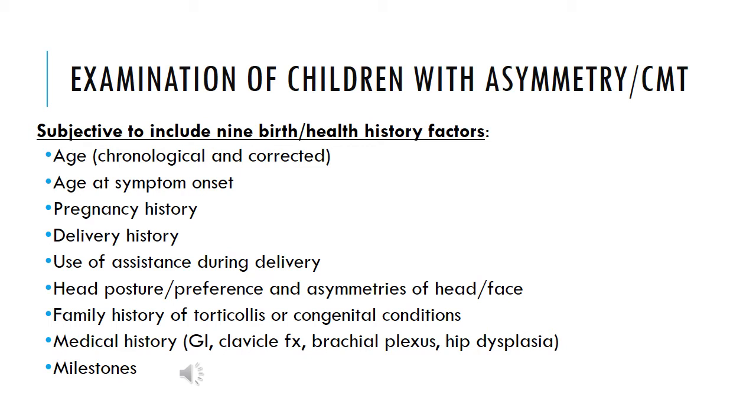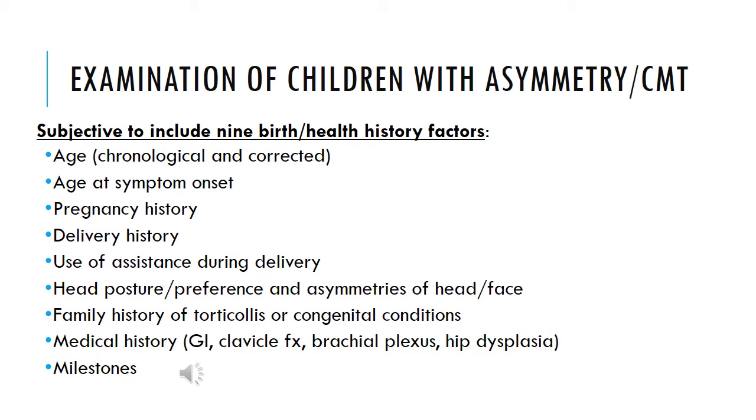So you really want to make sure that you're asking about any sort of neurological causes of asymmetry, such as brachial plexus injury. Musculoskeletal conditions can certainly cause asymmetry as it relates to clavicle fractures or subluxations of the spine, hip dysplasia, so wanting to check that out as well.